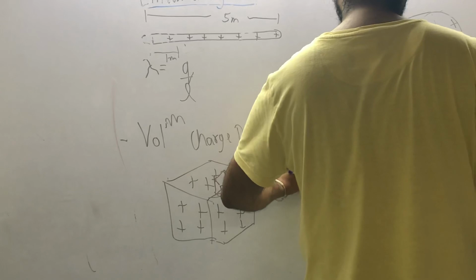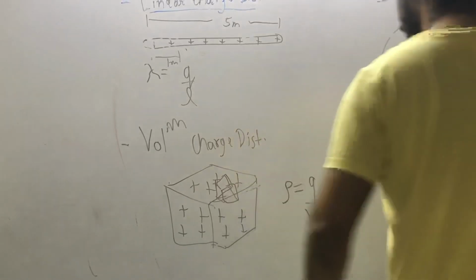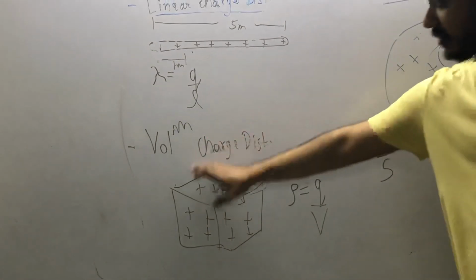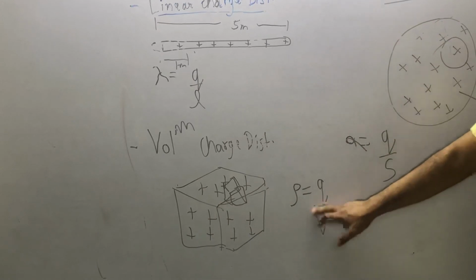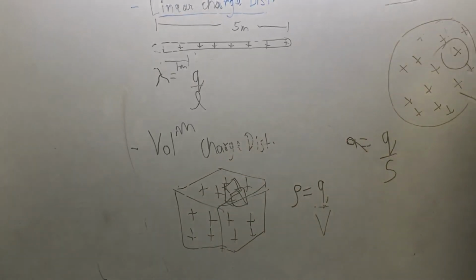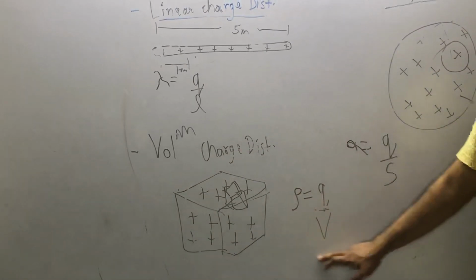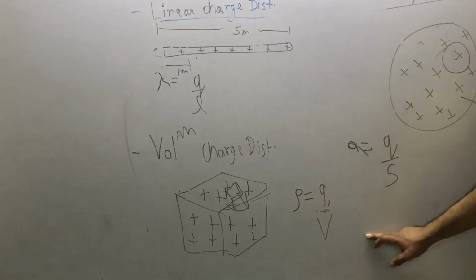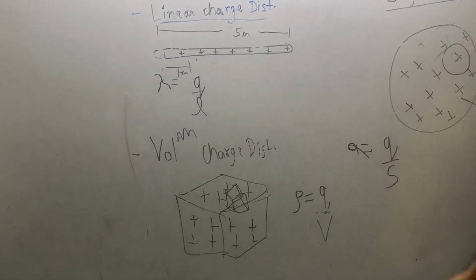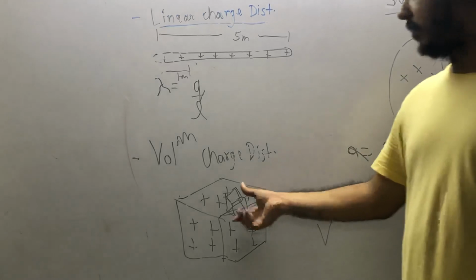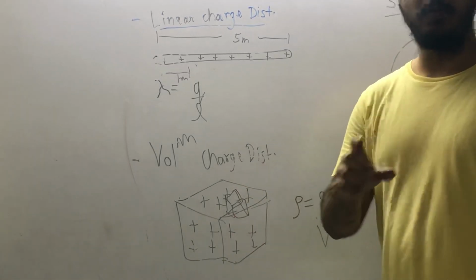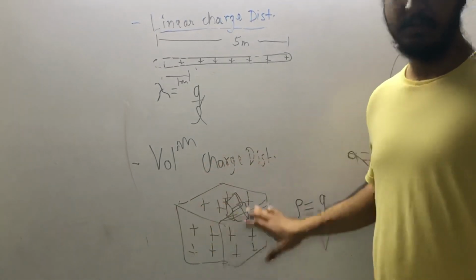So rho is equal to Q upon V. Q is the total charge present inside, and V is the total volume of this cuboid. This explains the amount of charge present in 1 meter cube of the volume of this cuboid.